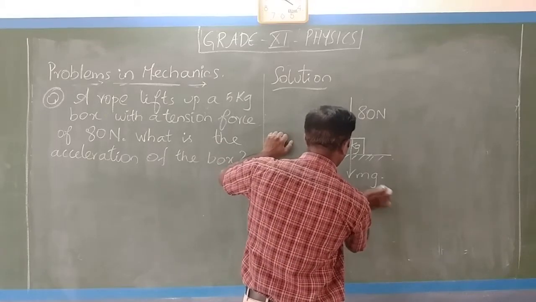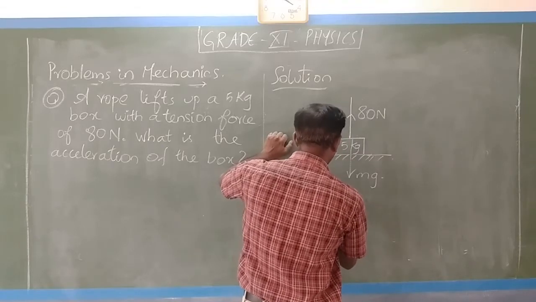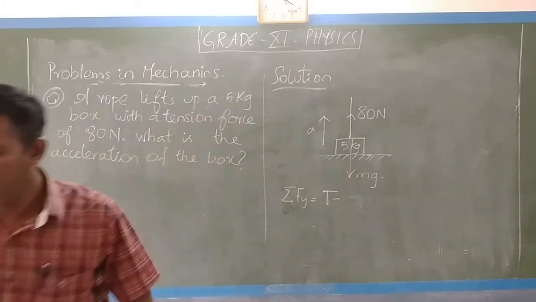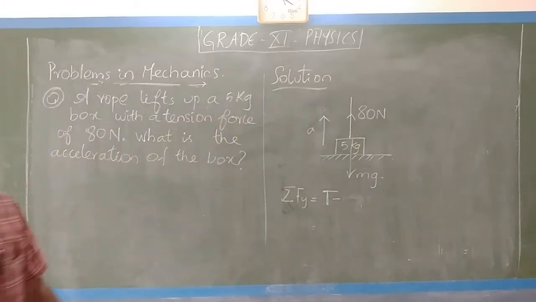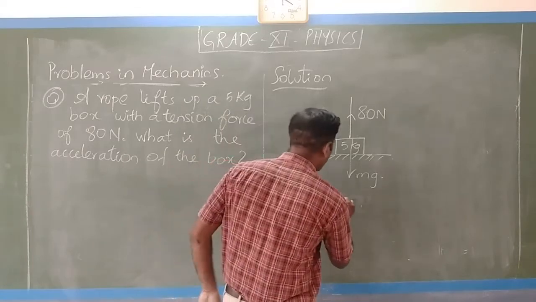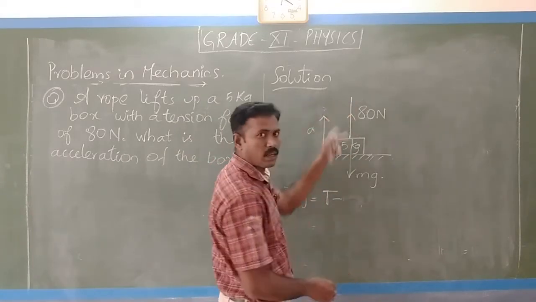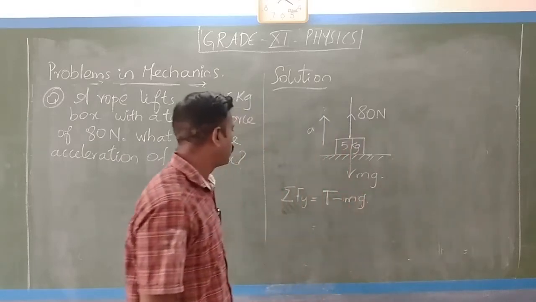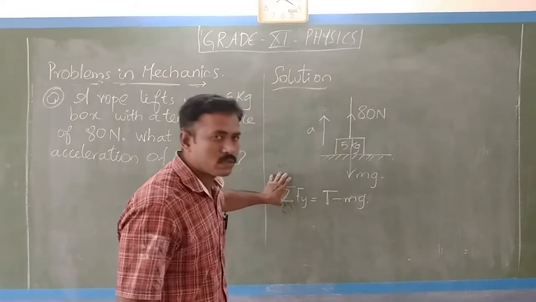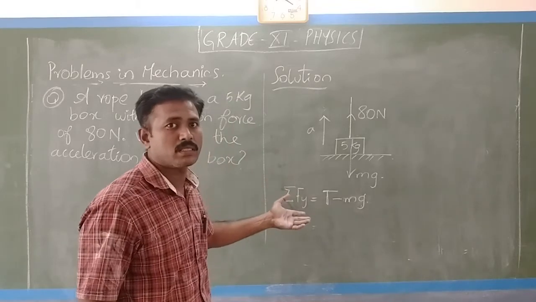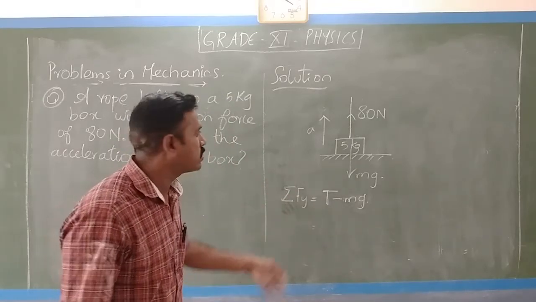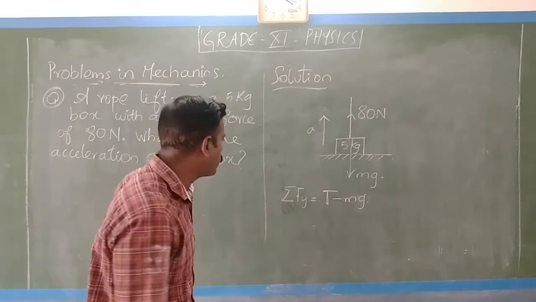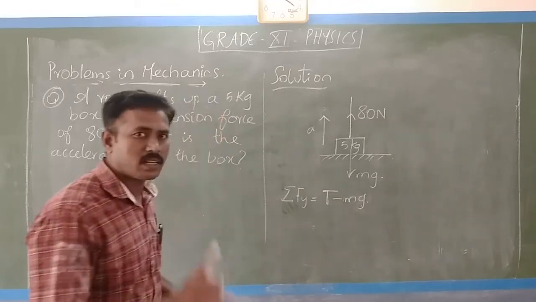So what is the value? T minus, what is the weight here? What is the downward force? This is 80 Newton, and the downward force is mg. That is right. And the net vertical force, that is, we are accelerating this 5 kg mass with some acceleration, that is considered as a vertical force.